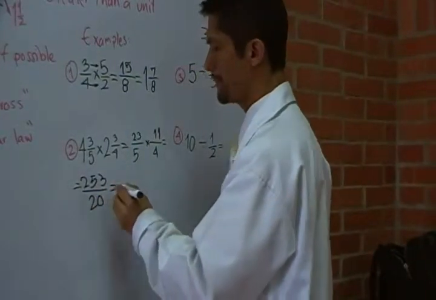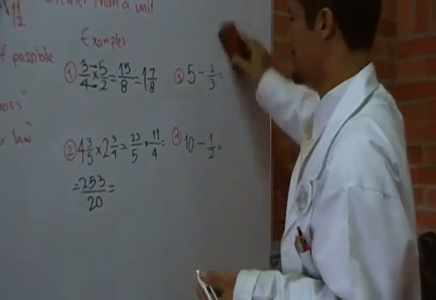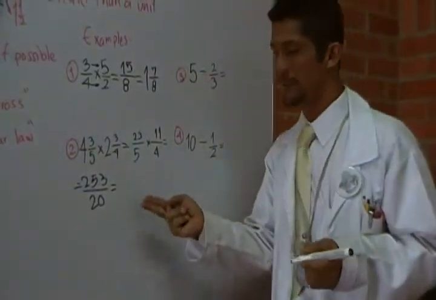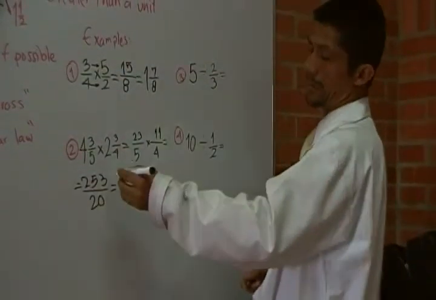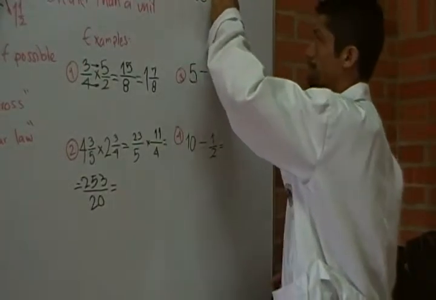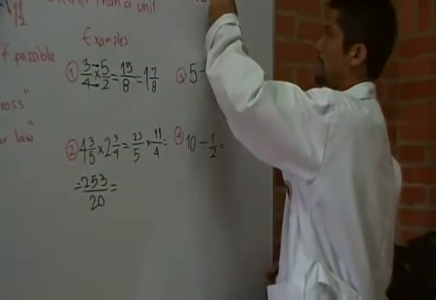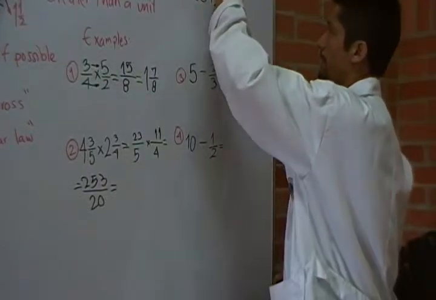Again, here I have an improper fraction that can be converted into a mixed number. So let's remember the way to convert it here, because maybe mental math is a little difficult. So I know that in this fraction, 20 goes out of the box for division, and 253 goes in. So I start dividing 20 into 25 one time.